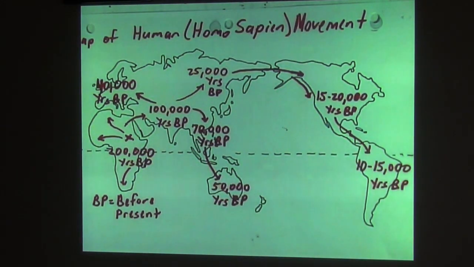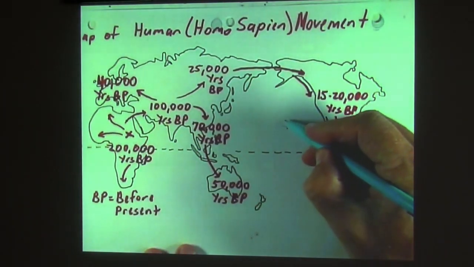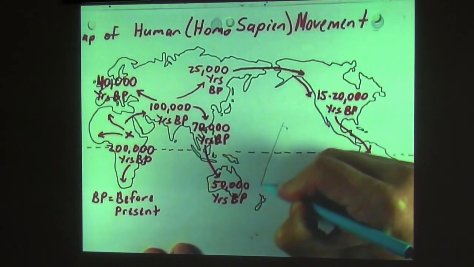And then we should not forget that there's another aspect of the world that is going to get populated. I think you should all be very familiar with what I'm doing here.